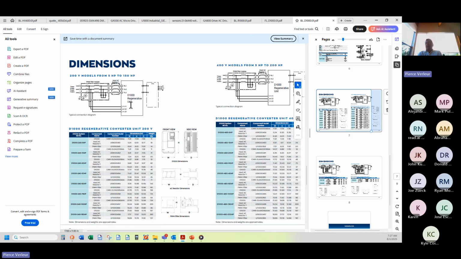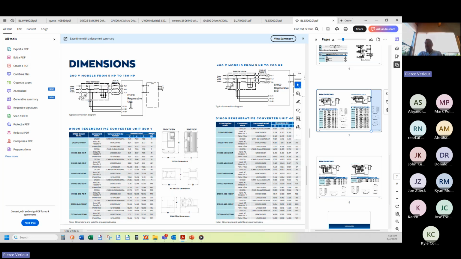And when you look at the other products on the market that are regen, like the ABB ULH drives, Vacon's regen products, they package those as a complete unit. We do not. And there's a good reason why we don't.